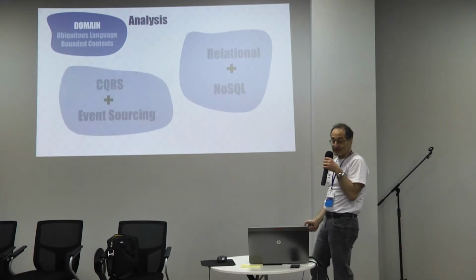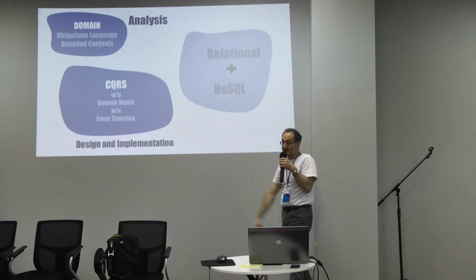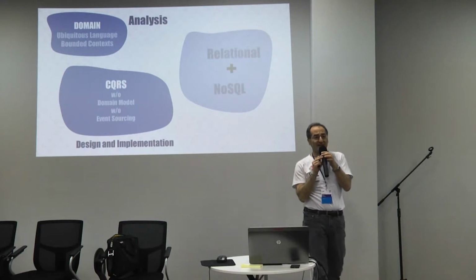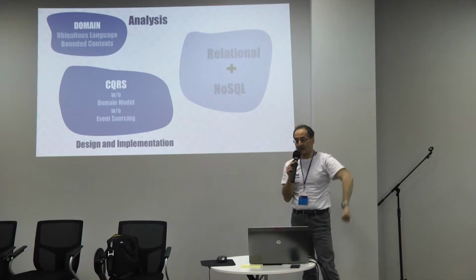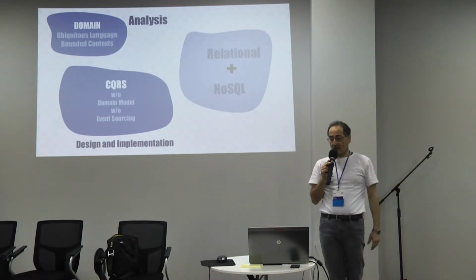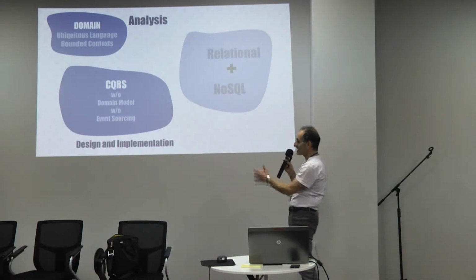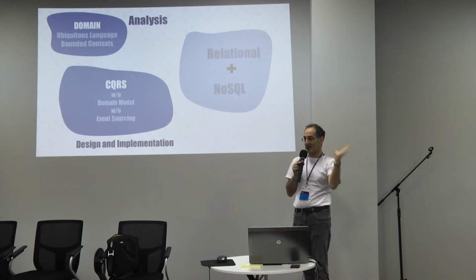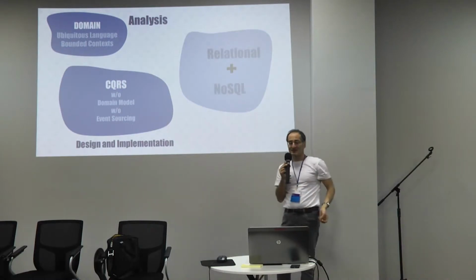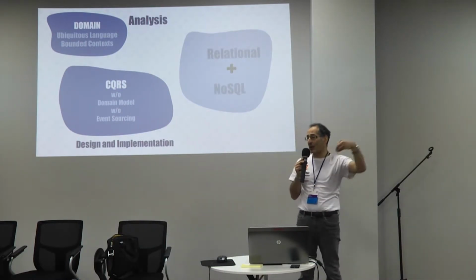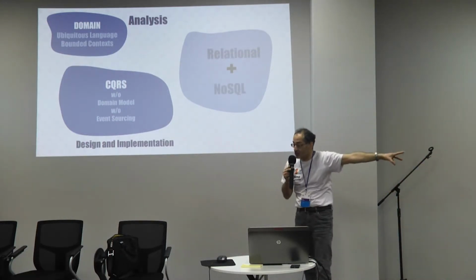CQRS and event sourcing can be expanded in a number of possible concrete architectures, the most relevant of which I covered in the session before lunch. And we are in the realm of design and implementation. So we have CQRS, the simple basic split of command and query stacks, which can go with or without a domain model, so an object-oriented implementation of the business layer according to the domain model pattern.